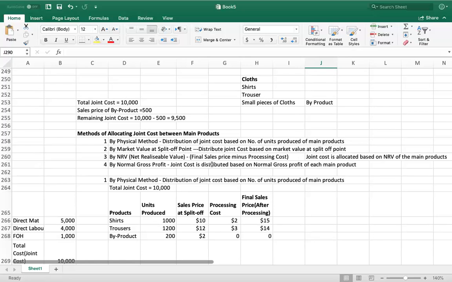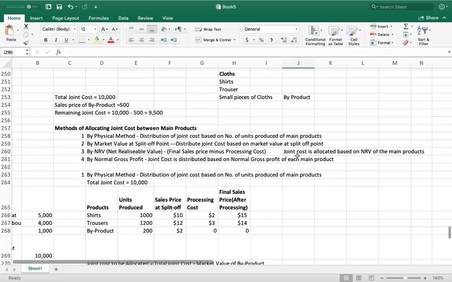Net realizable value is the final sales price minus the processing cost, and joint cost is allocated based on the net realizable value of the main products. And the last method, which is more accurate, is by normal gross profit margin, so joint cost is distributed based on the normal gross profit of each main product.